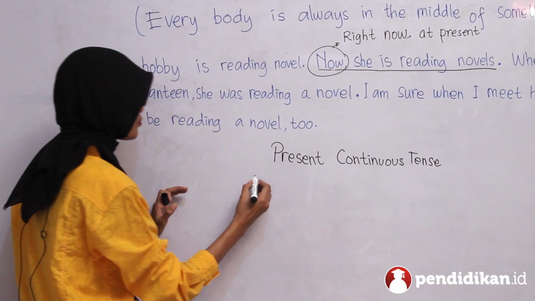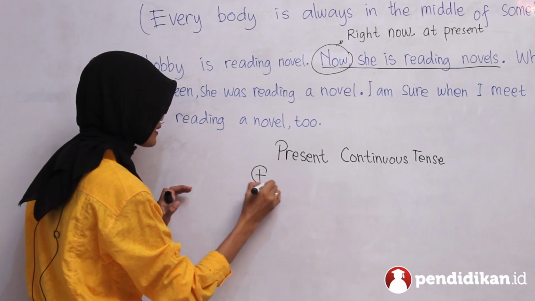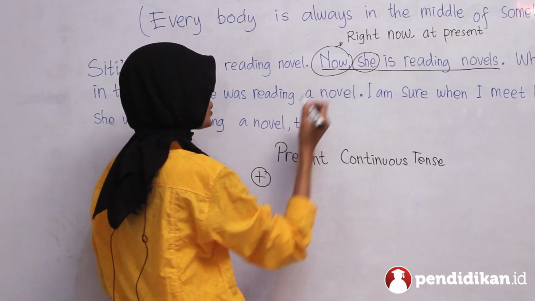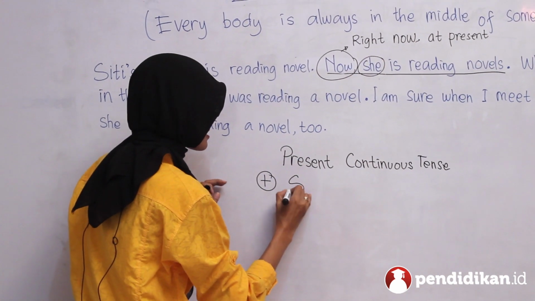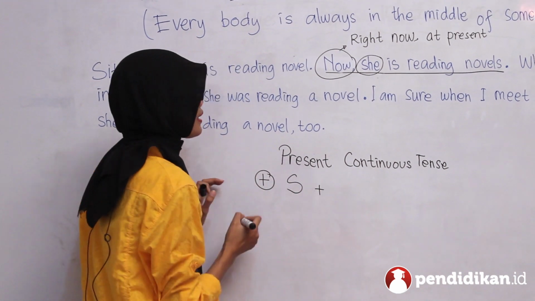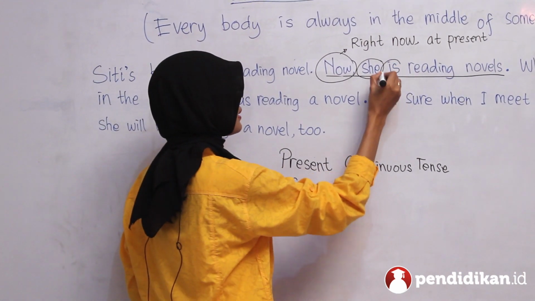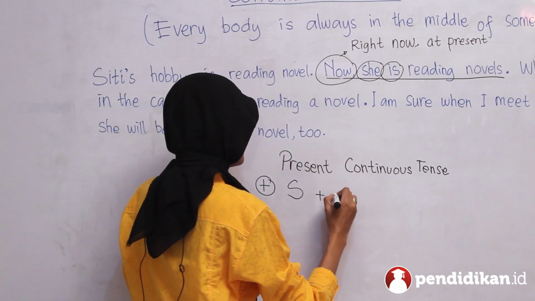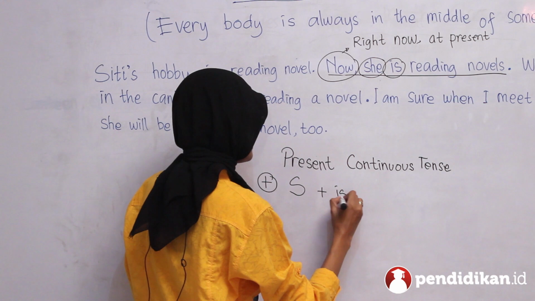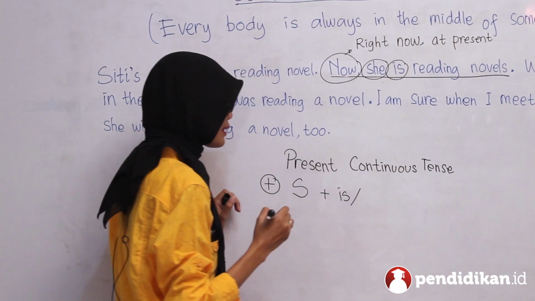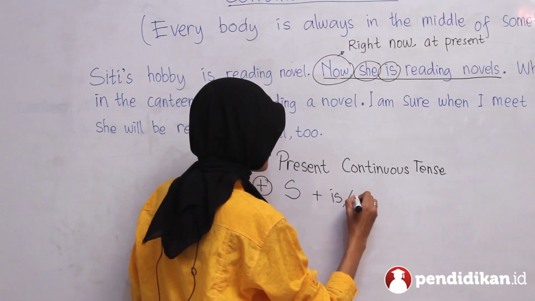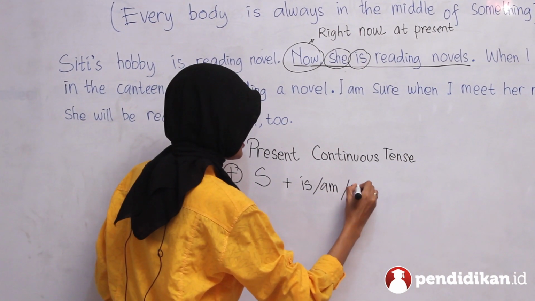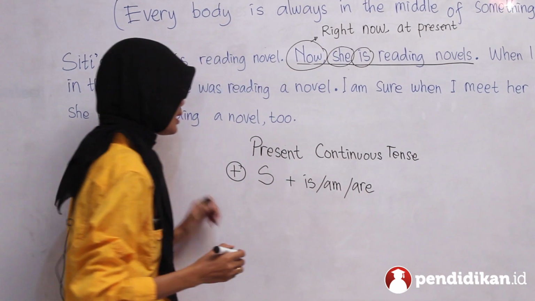And the pattern for positive sentence, let's see. She is, subject plus is. We write is. Besides is, we have am, we have are.